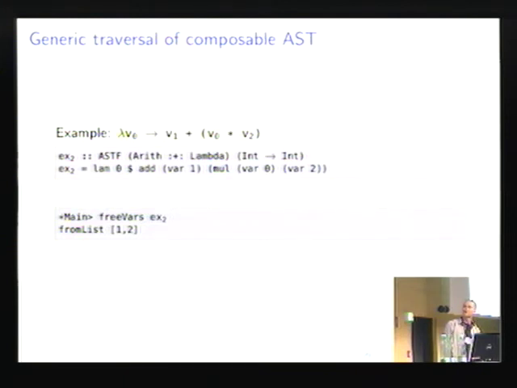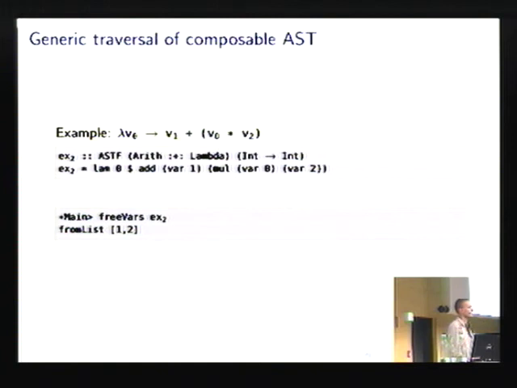Here's the same example again, and it works. So now just remember that freeVars is this very general, very generic function that doesn't know anything about the language it operates on. All it knows is that this is the language that has variables and binders. And it always works nicely together.